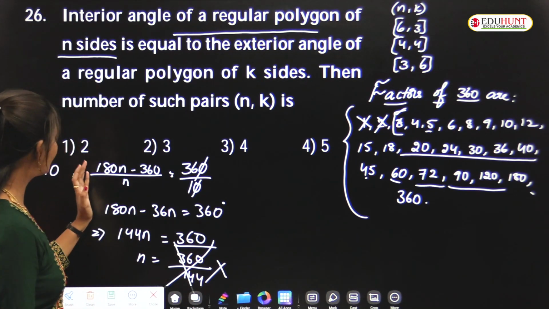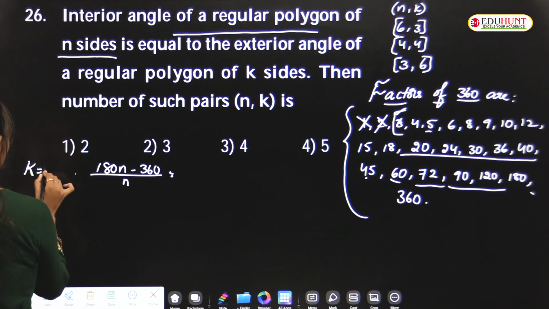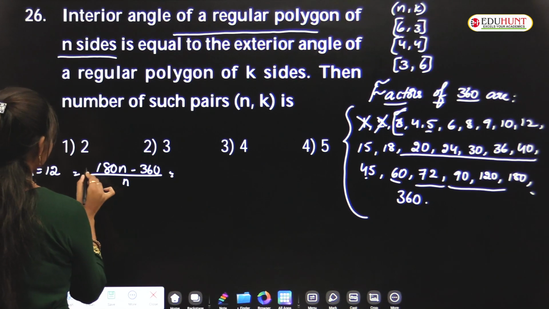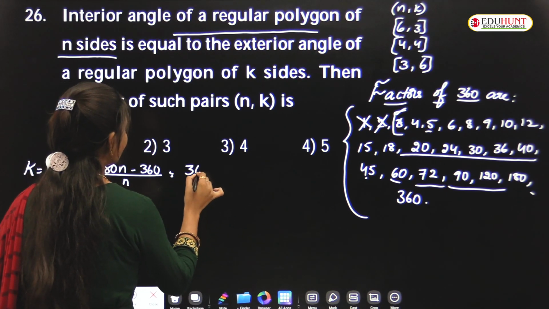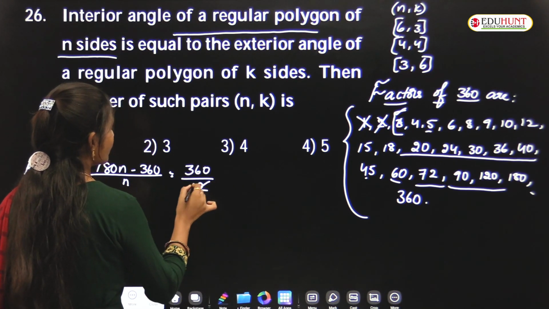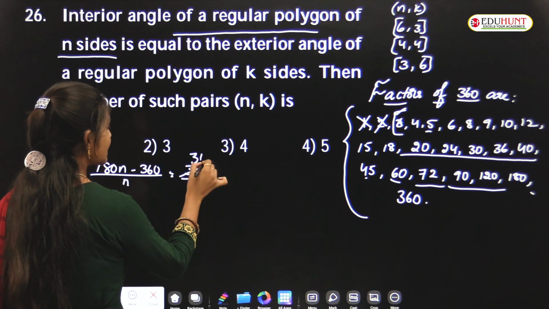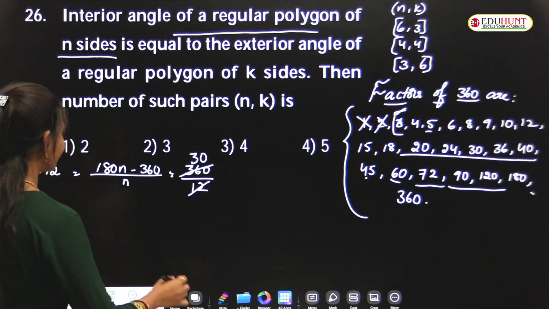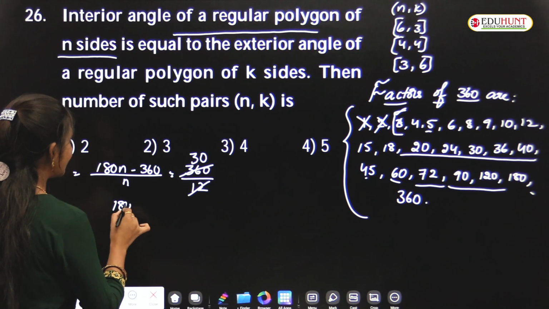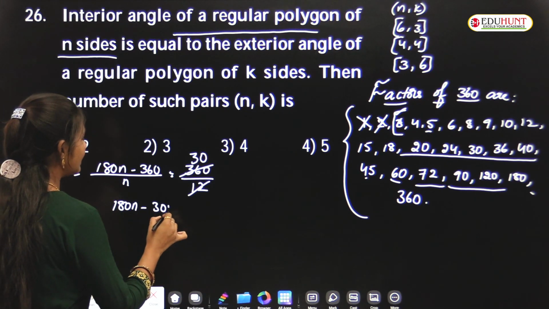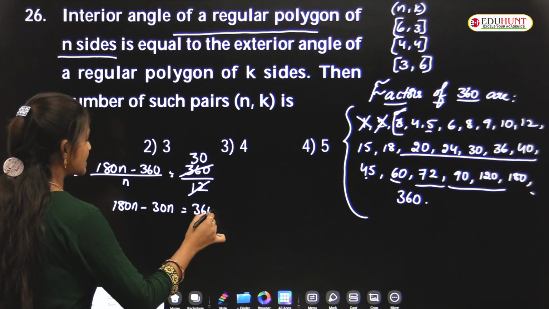Okay. So let us go for another one. k is equals to 12. Okay. So 360 by 12. 12 ones, 12 threes, 36 no. So 12 30s. Which is equals to 180n minus 30n is equals to 360.